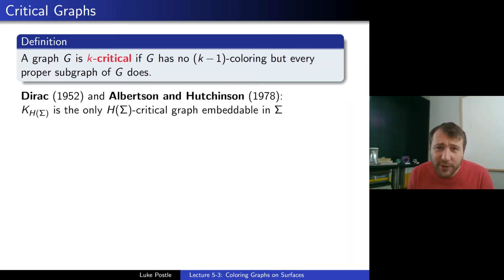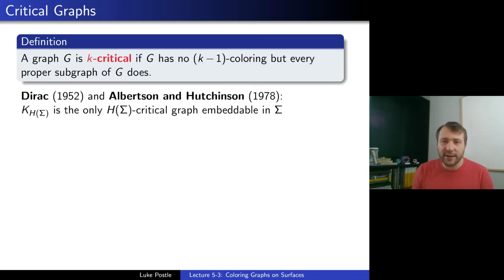And what actually was shown after Ringel-Youngs, first by Dirac and then Albertson and Hutchinson, so Dirac in '52 and Albertson and Hutchinson in '78, showed that the complete graph K_H(Σ) is the only H(Σ)-critical graph embeddable in Σ. So it's the only reason that a graph actually attains the Haywood number. So going to that first question, instead of reasons, we'll look to critical graphs. That would be the reason for coloring.